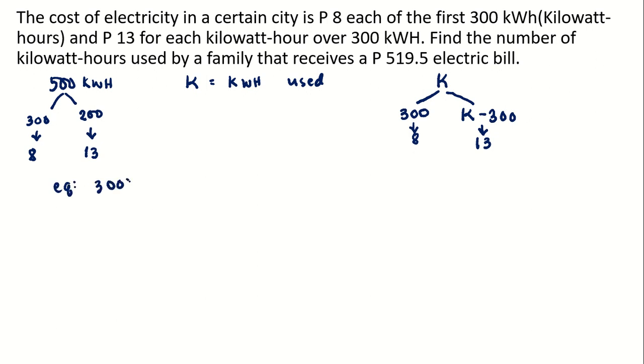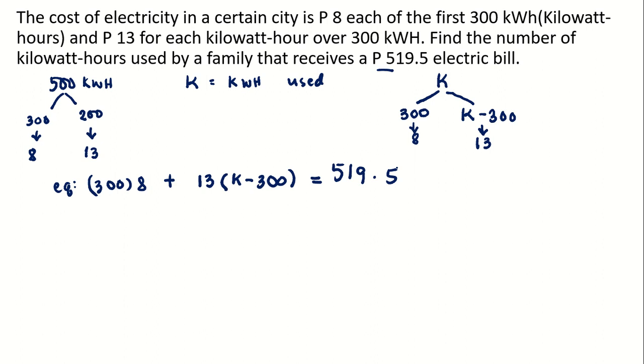So if we make this into an equation, that is 300 times 8 plus 13 times K minus 300 is equal to the electric bill, which is already given, 519.5.